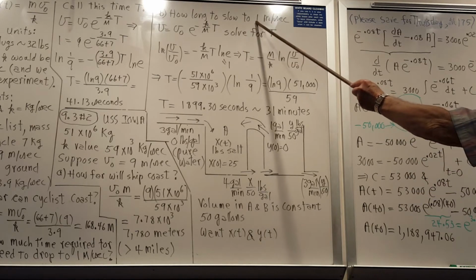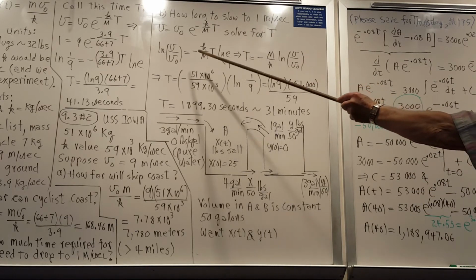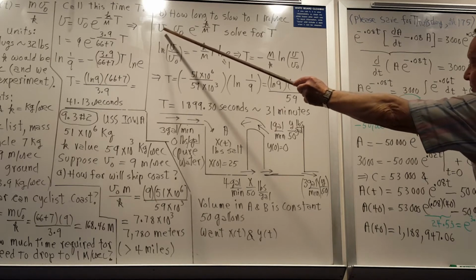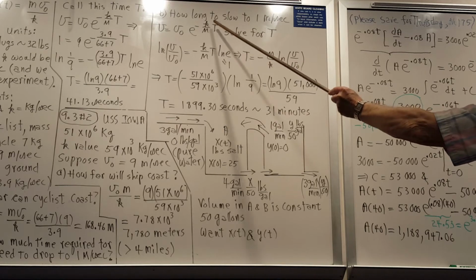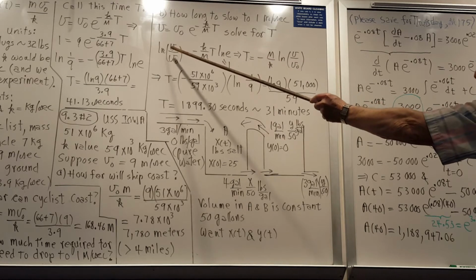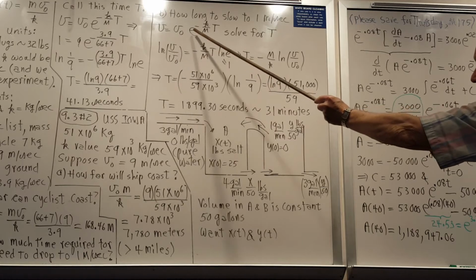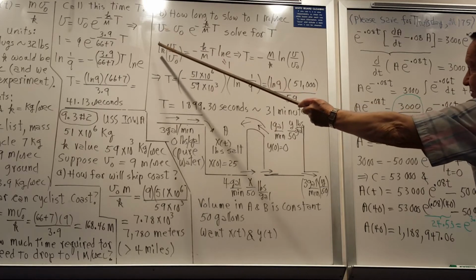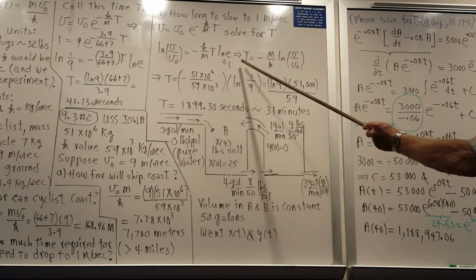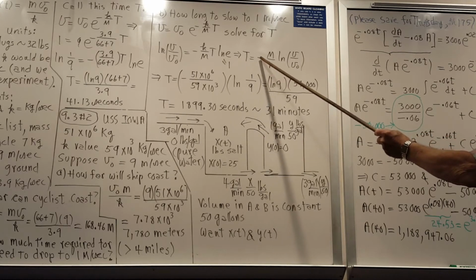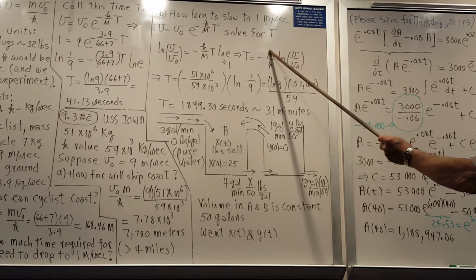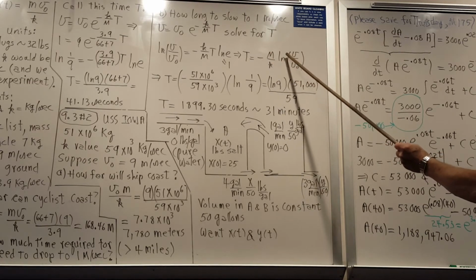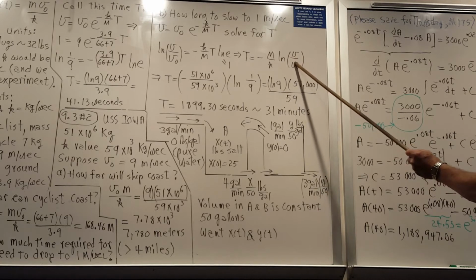So how long to slow to 1 meter per second? Again, you have your exponentially decaying speed, and you want to solve for t. So you can divide through by the v0 and take the log of both sides. It will finally be minus the mass over the k, and this log is the log of a fraction less than 1, so it's negative.